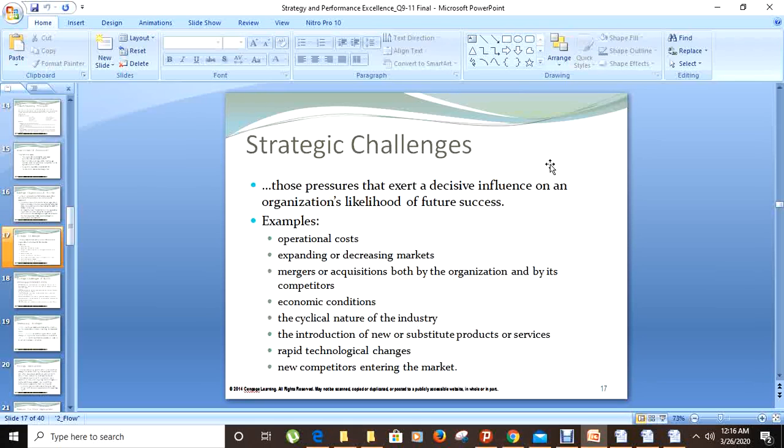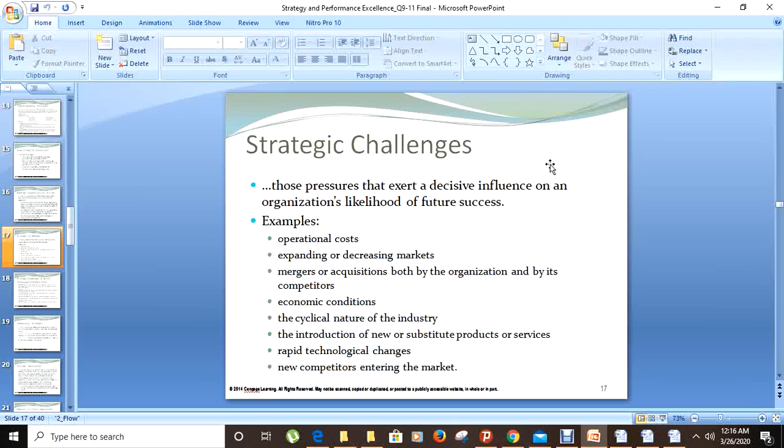To appreciate strategic challenges, which refer to those pressures that exert a decisive influence on an organization's likelihood of future success.